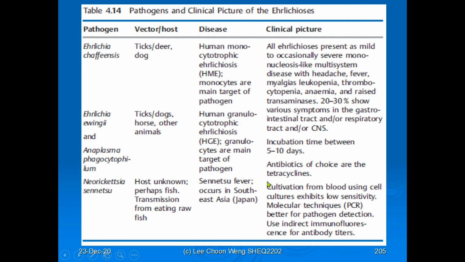The antibiotic of choice is tetracycline, and cultivation from blood using cell cultures exhibits low sensitivity. So most of this identification and detection is using molecular techniques and also using indirect immunofluorescence for antibody titers.